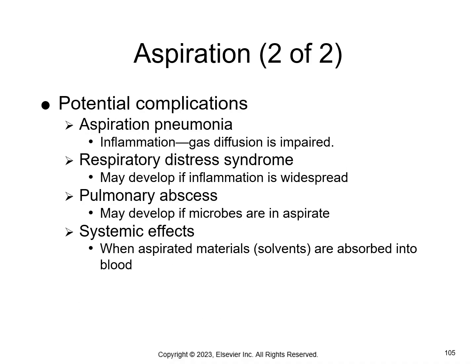Potential complications are going to be inflammation, respiratory distress syndrome, pulmonary abscesses, and systemic effects. As far as inflammation, that can impair the gas diffusion. They can develop respiratory distress if the inflammation becomes widespread.